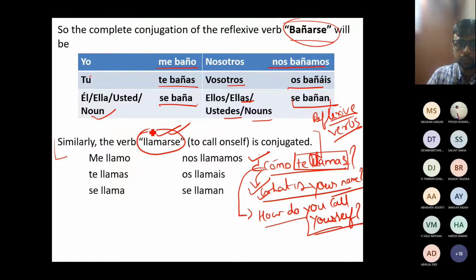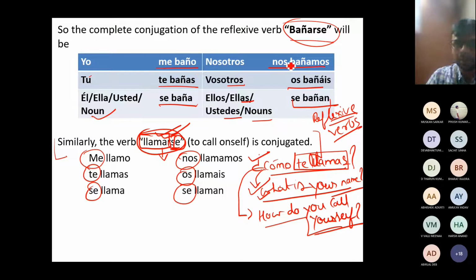So the verb llamarse is being used, which is to call oneself, and being a reflexive verb, you have to conjugate the verb llamar and change the pronoun se into six different forms, like what we have done in the bañarse form. So it has become me, te, se, nos, os, and se. The verb llamar is an AR verb.